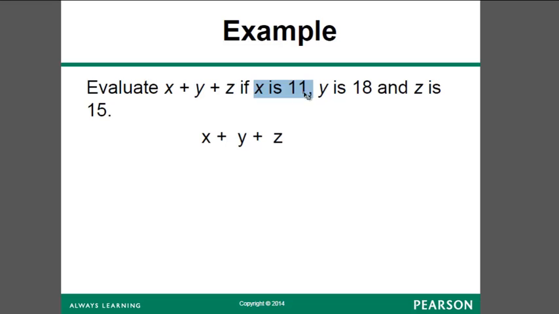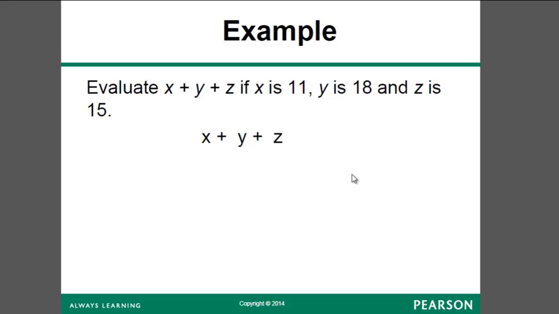What that tells me is I'm going to replace this x with 11. It also tells me that y is 18, so my y will actually become 18. And z is 15, and so I will replace this z with 15.